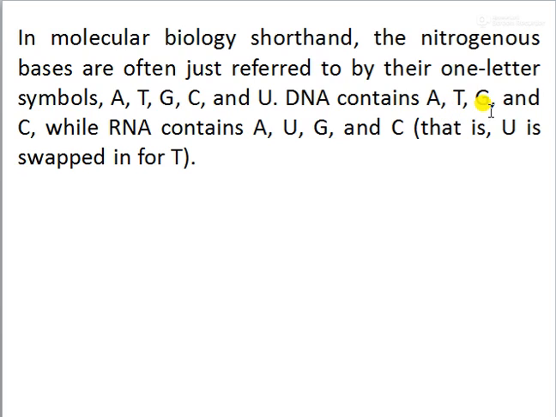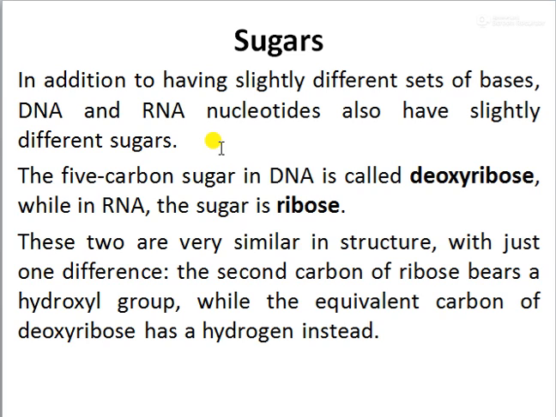DNA contains A, T, G, and C, while RNA contains A, U, G, and C. That is, U is swapped in for T. In addition to having slightly different sets of bases, the difference lies in U and T. In RNA there would be the nitrogen base uracil, while in DNA there would be thymine instead of uracil.